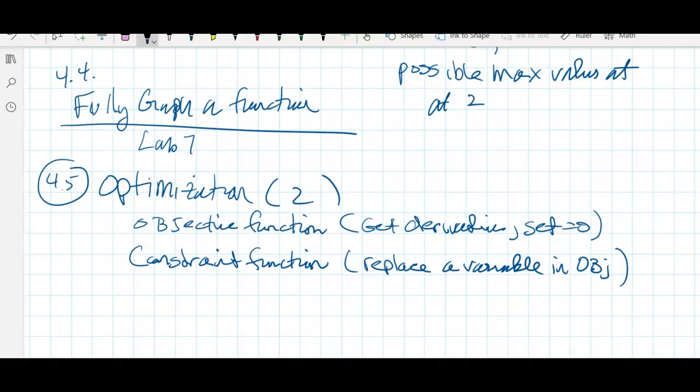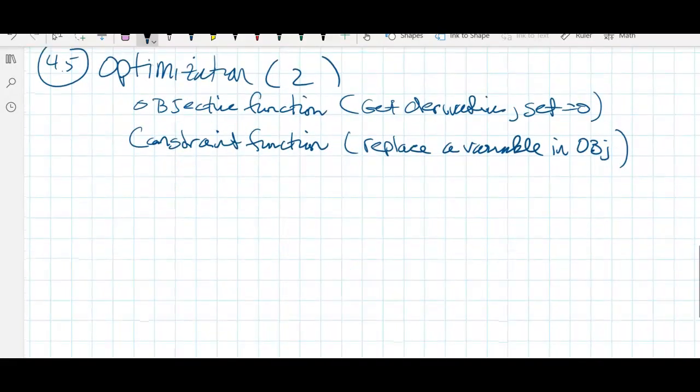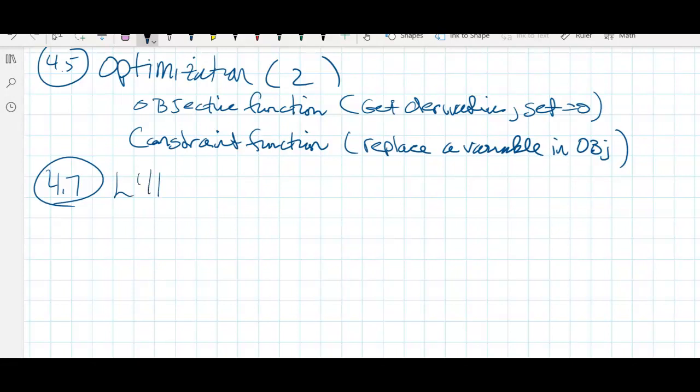Okay? Then L'Hopital. This was 4.7. Okay, we'll go back to 4.6 when we go through the extra credit. So 4.7 was L'Hopital.